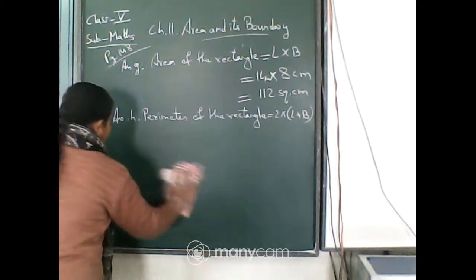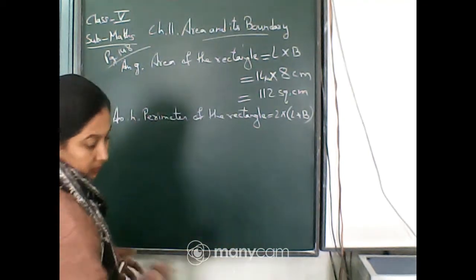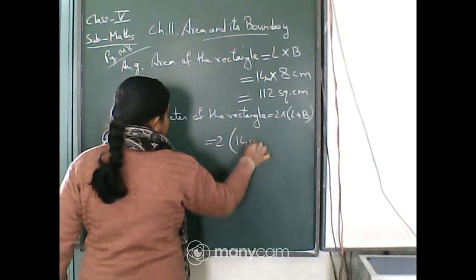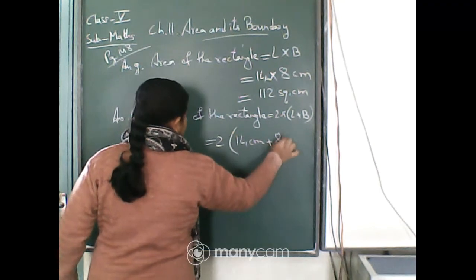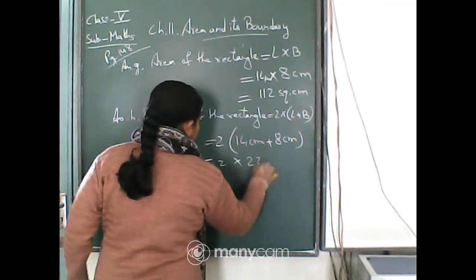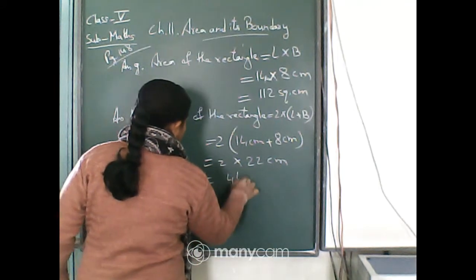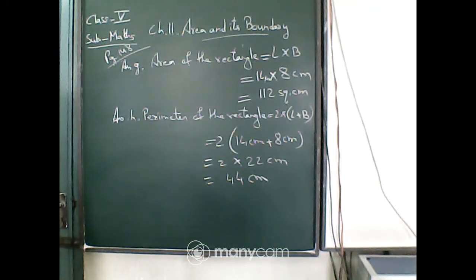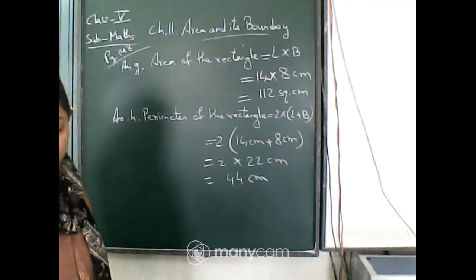Length is 14 centimeter and breadth is 8 centimeter. So 2 into 22 centimeter, that is 44 centimeter. So the area of the yellow big rectangle is 112 square centimeter, and the perimeter of the rectangle is 44 centimeter.